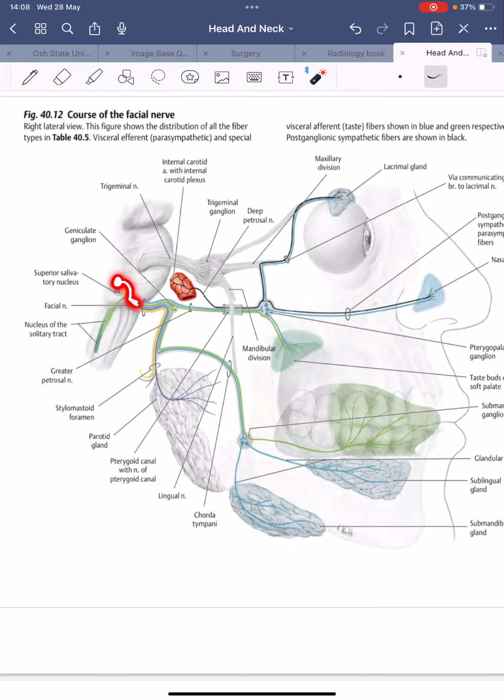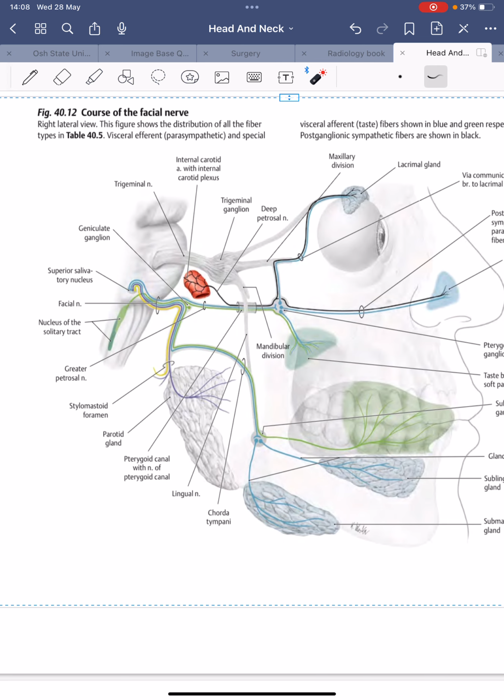All these fibers together form the facial nerve. It is exiting. Now see here, all students. It is entering.